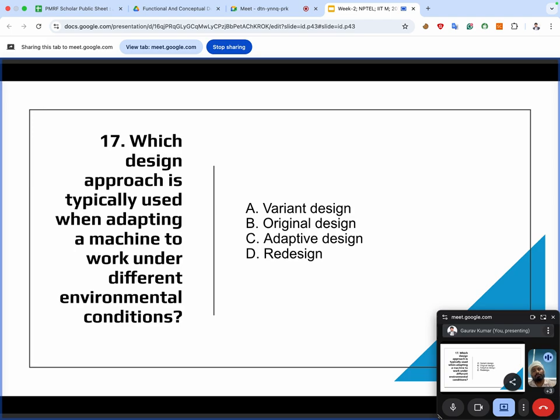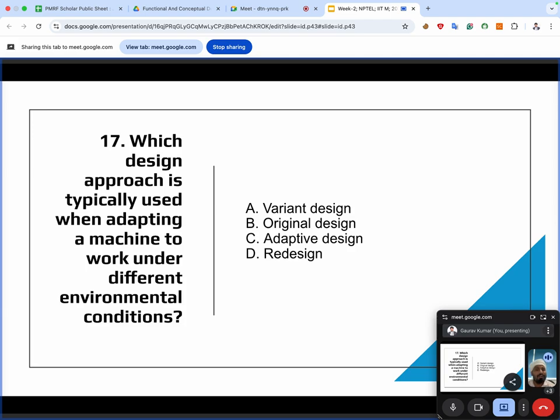Okay, so the correct answer for question number 17 is C, adaptive design. And why is it correct? Because when a product is meant to function in a new environment such as heat, moisture, or altitude, adaptive design steps in.